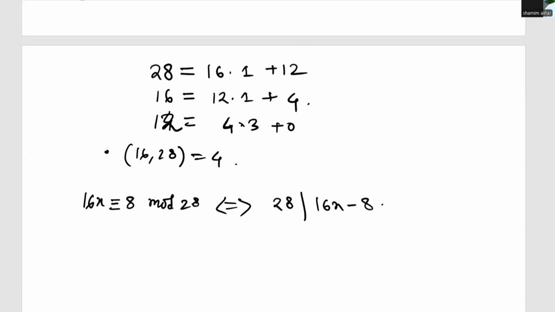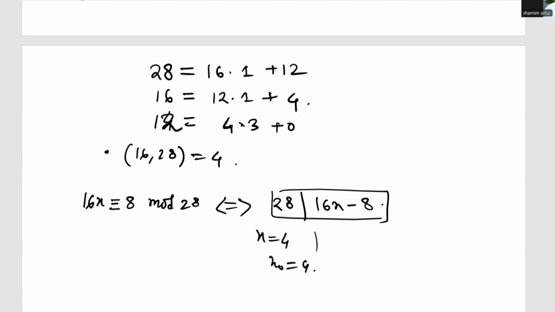Now find the x such that 28 divides 16x minus 8. Clearly x equal to 4 satisfies this. So one particular solution is x0 equal to 4 of the congruence 16x ≡ 8 mod 28.